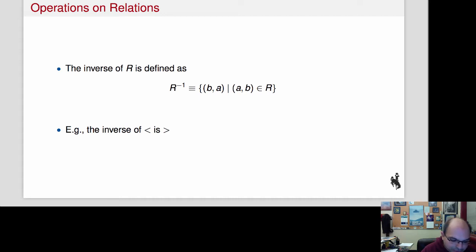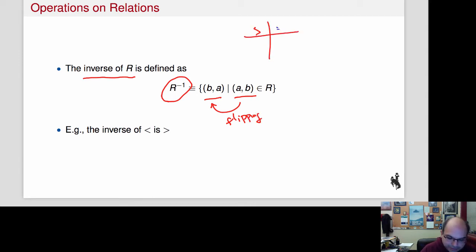Now here's an important operation, and that is the inverse of R. It actually has a symbol, R to the -1. If you think of them as tuples, then what we're doing is simply flipping them. Let's say that I have a relation between some set S and T, and it goes like this: A, 3, B, 5, C, 1.